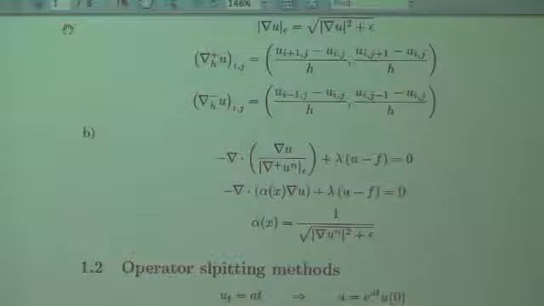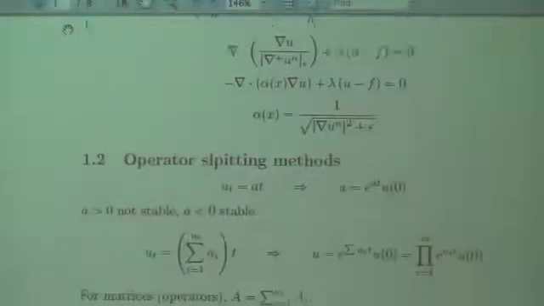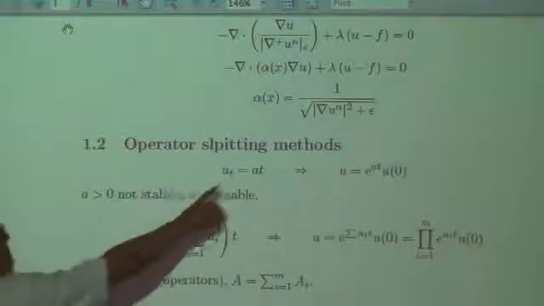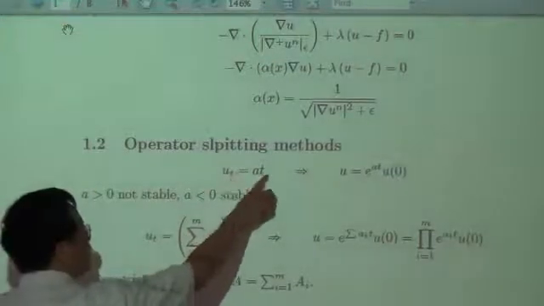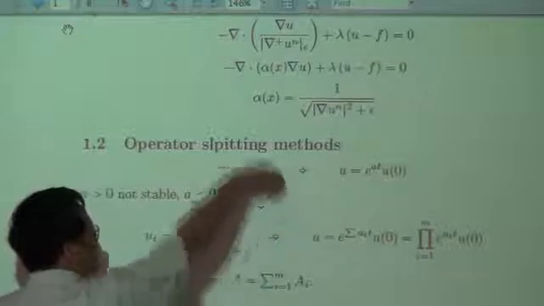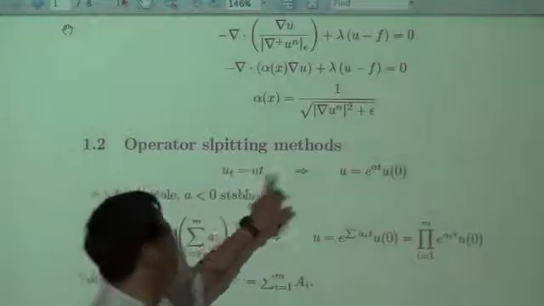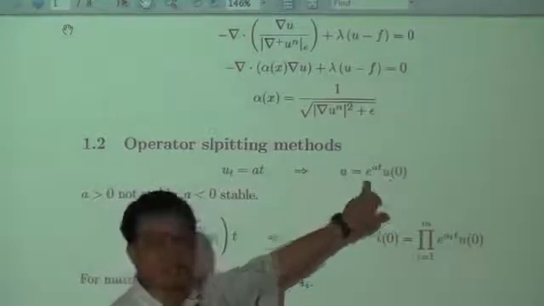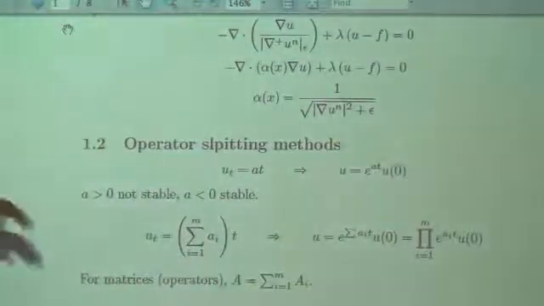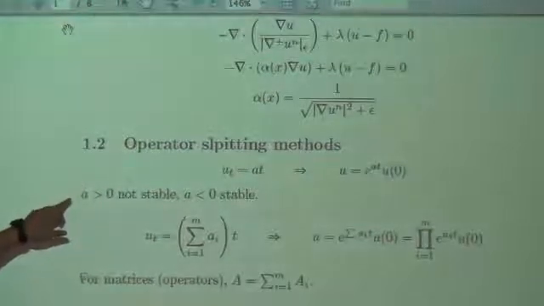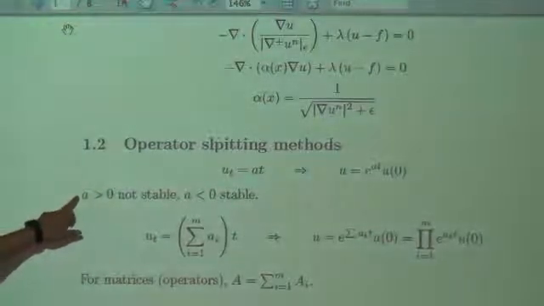The operator splitting AOS can be explained this way. If a is a constant, you solve u_t equal to a u, with t starting from 0 going to infinity, and we know that this equation has a simple solution, right? u equal to e^{at} u0. If a is bigger than 0, this equation is not stable because it explodes to infinity very, very quickly.